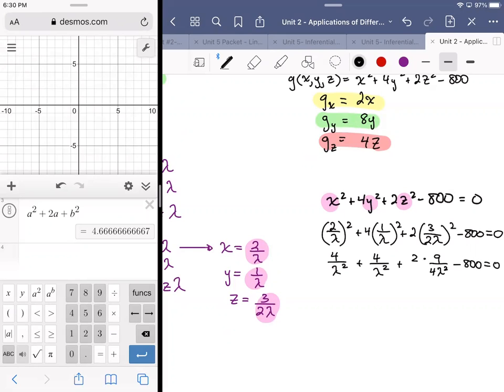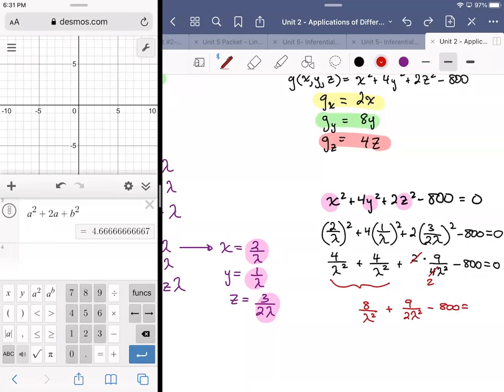minus 800 equals 0. I can combine some like terms, but I could also get a common denominator. Before I get a common denominator, let's wipe out this 2 here with the 4 twice. So if I want to get a common denominator, I could, but let's also combine these, take advantage of that. So it's 8 over lambda squared plus 9 over 2 lambda squared minus 800 equals 0.